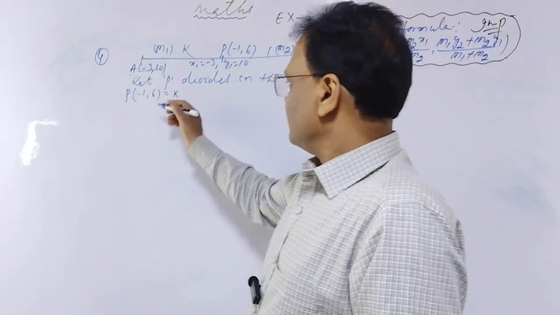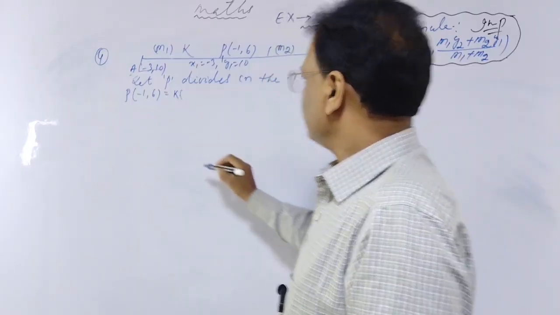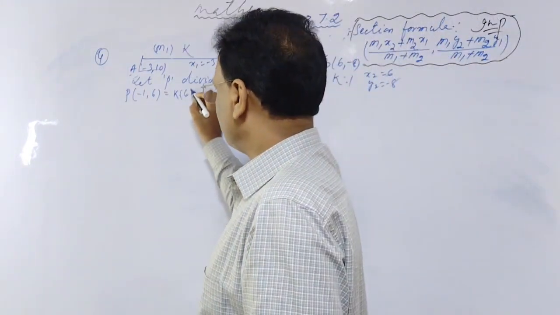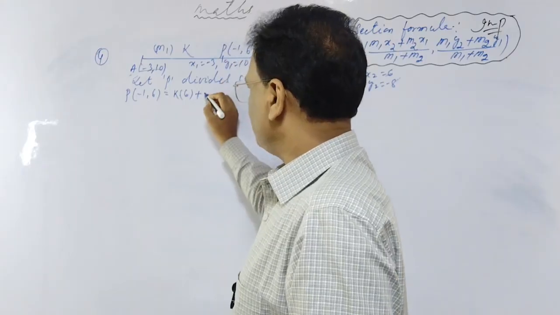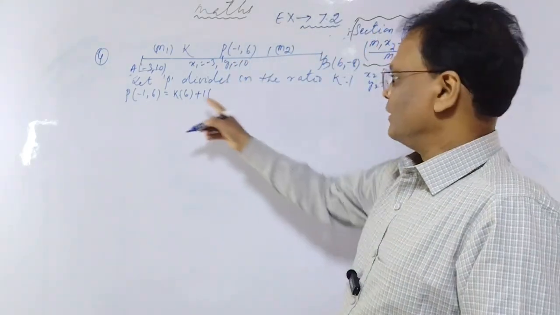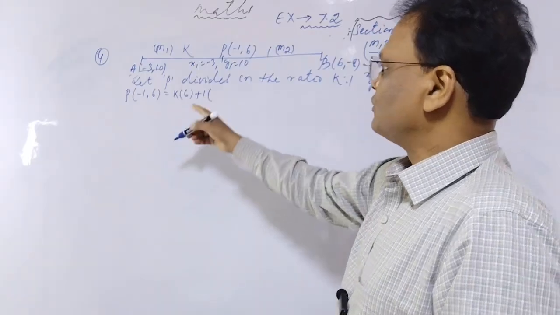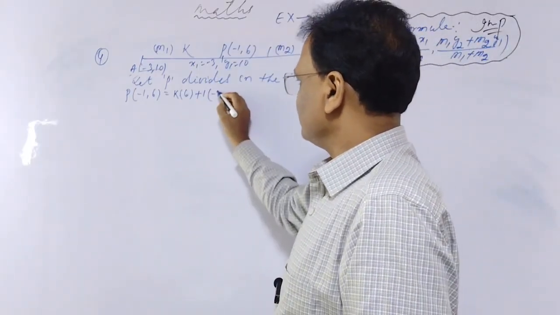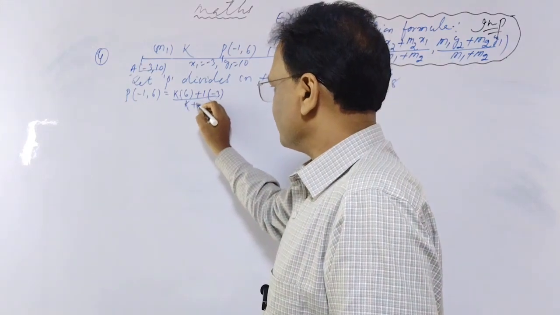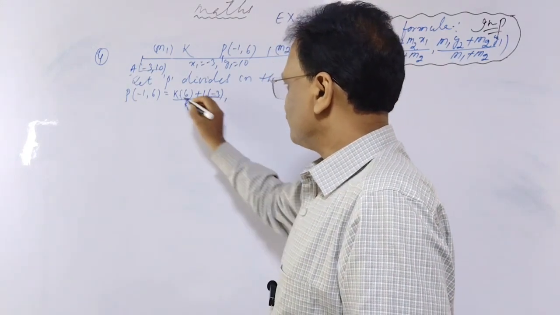Just substitute the values. m1 x2, x2 is 6, so K into 6, plus m2 is 1, m2 x1, x1 is minus 3, divided by m1 plus m2, means K plus 1. This is the x coordinate.